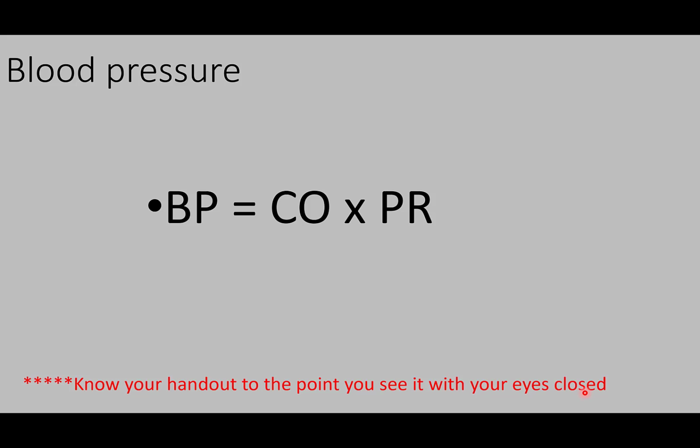All right, so let's look back at something that we saw at the very end of the previous lecture. When we were talking about what blood pressure actually is, we said blood pressure, which we said was the same thing as MAP, mean arterial pressure, is equal to cardiac output times peripheral resistance.